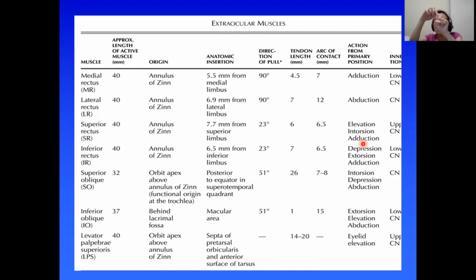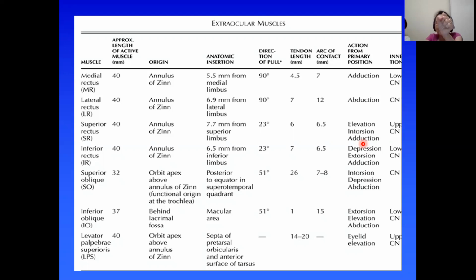The insertion of your superior oblique is beyond the equator of your orbit. If the superior oblique contracts, it will move the eyeball down and medially. We usually look at the superior part of the cornea, which will rotate like that.